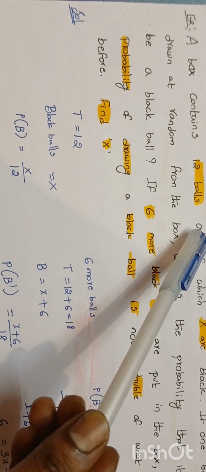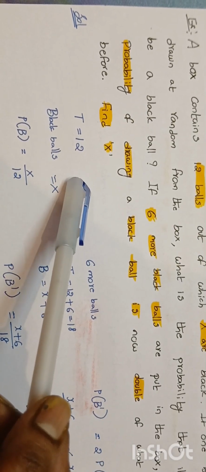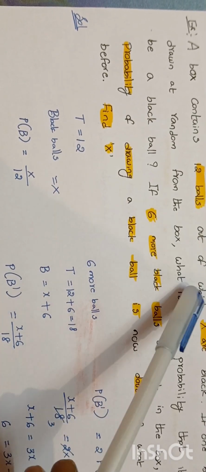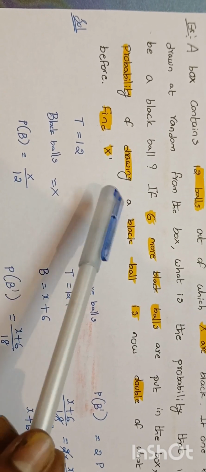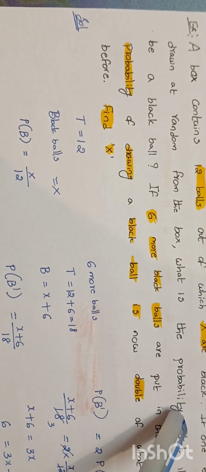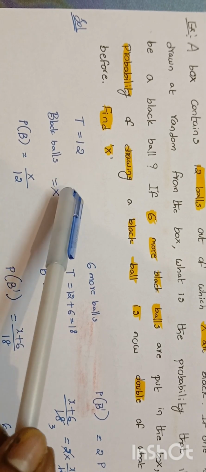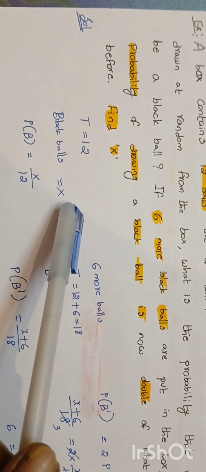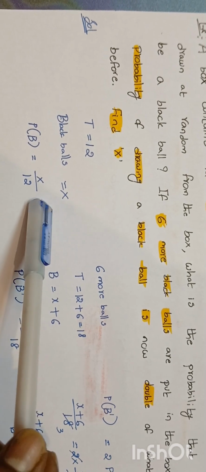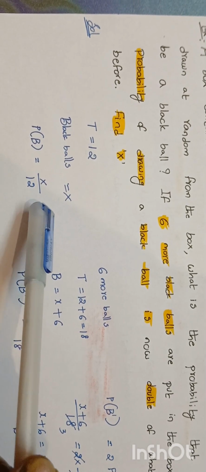Total number of balls is 12, out of which X are black, and hence black balls are X. Probability of a black ball is X divided by 12, that is, favorable outcomes over possible outcomes.